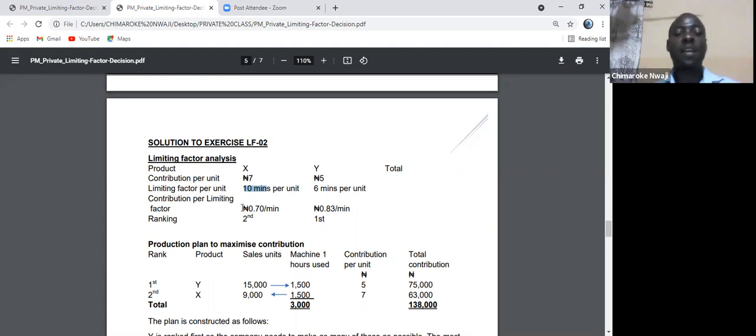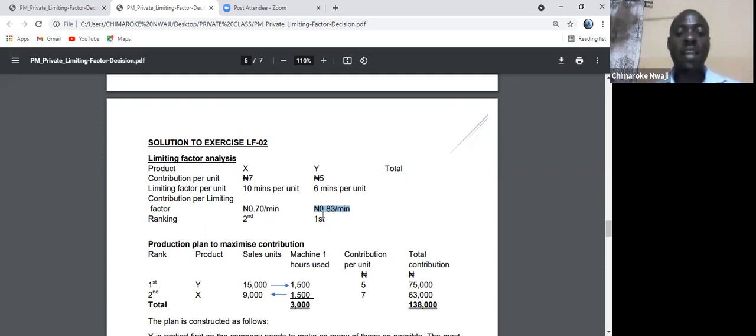So here, it means that the contribution each minute that X is making is 0.7, whereas Y in every minute is making 0.83 naira. So which of them is making a higher contribution per minute?